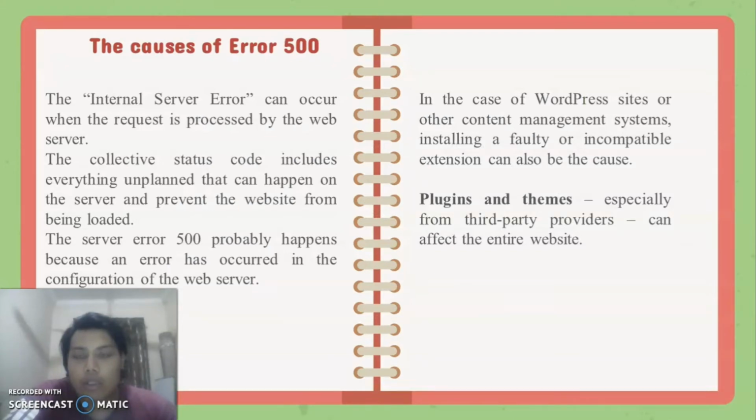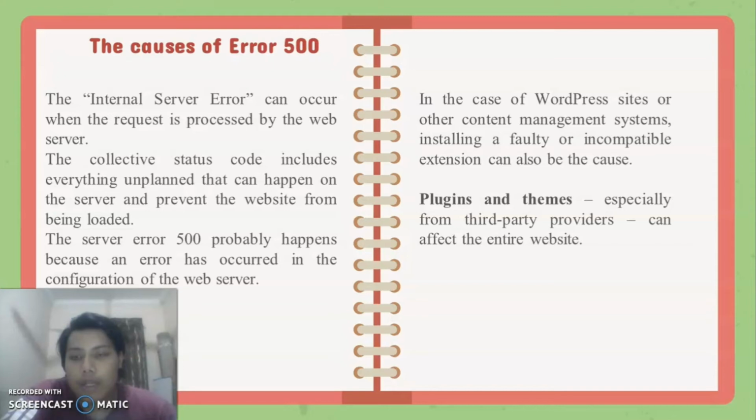Next is the causes of error 500. The internal server error can occur when the request is processed by the web server. The collective status code includes everything unplanned that can happen on the server and prevent the website from being loaded.